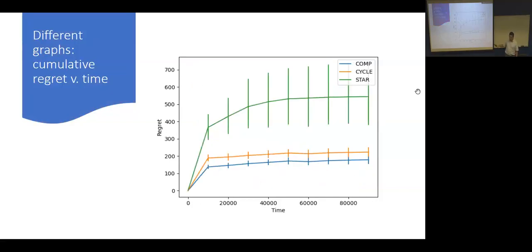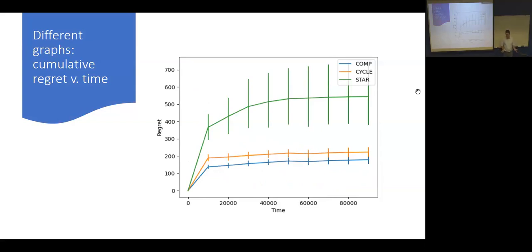Okay, and finally, we looked at a few different graph topologies. The complete graph is at the bottom. It has the least regret. And these two were somewhat surprising to us. The cycle does better than the star. We didn't expect that.